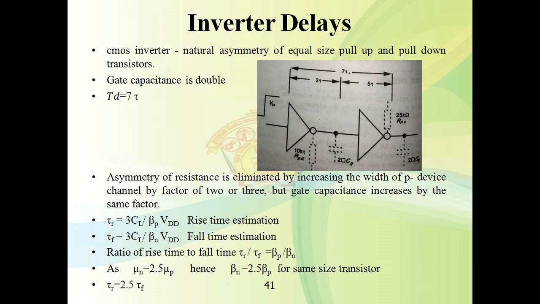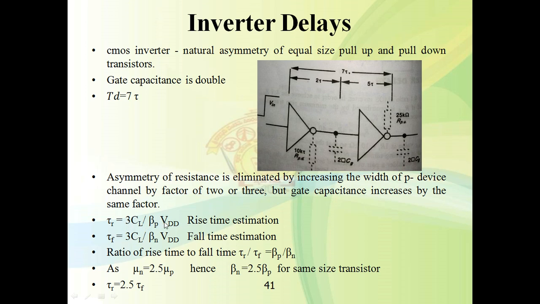Depending upon that equation you get the final expression, 3CL divided by Bp VDD. So go through the rise time estimation in detail, it is a simple derivation.